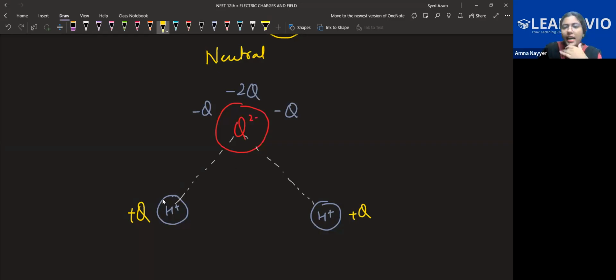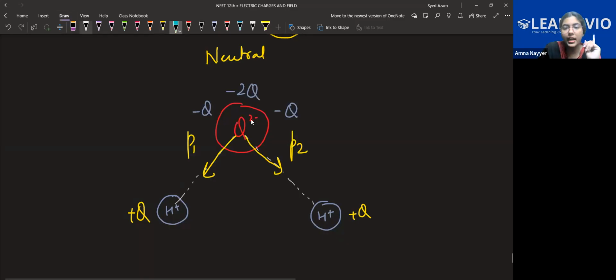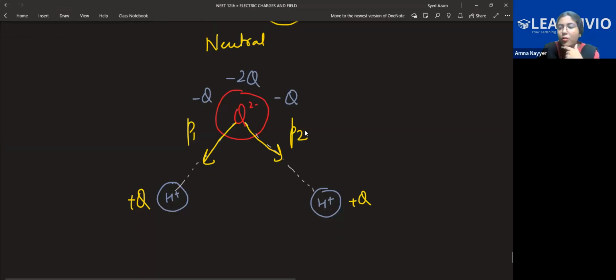We have the direction as negative to positive. So from negative to positive, let's say this is P1. And from negative to positive, let's say this is P2. So your final answer will not be P1 and P2, or what is the answer? Because it's a vector, you will consider its direction properly, as this will be the net dipole.